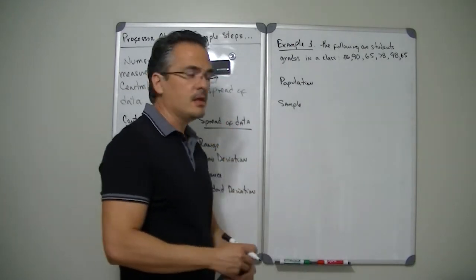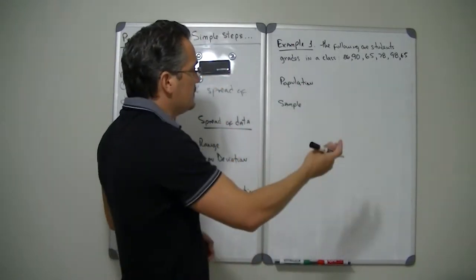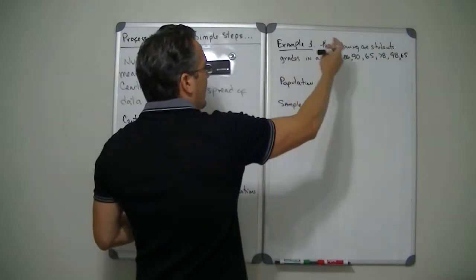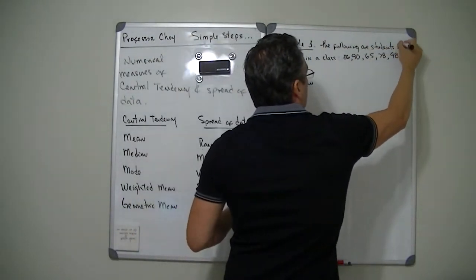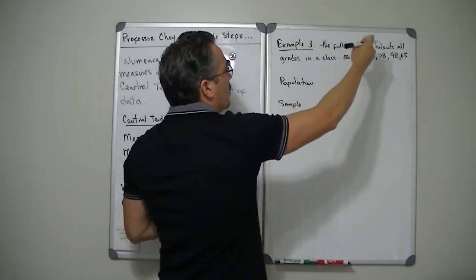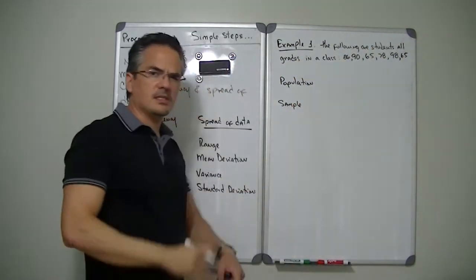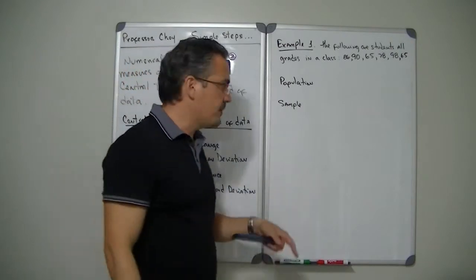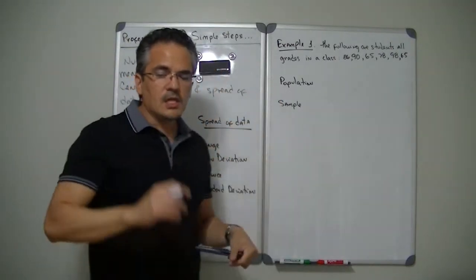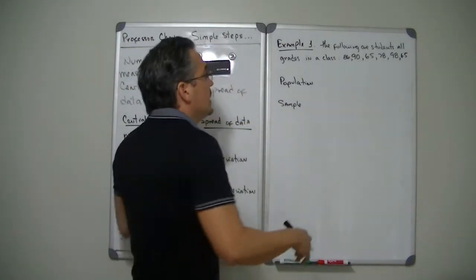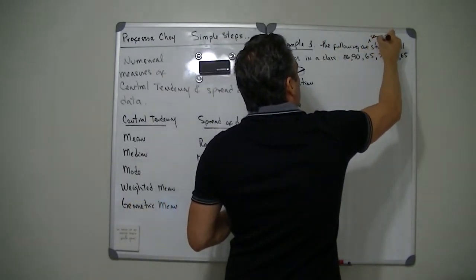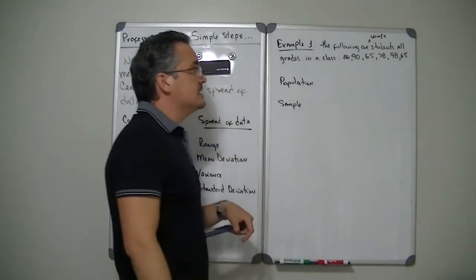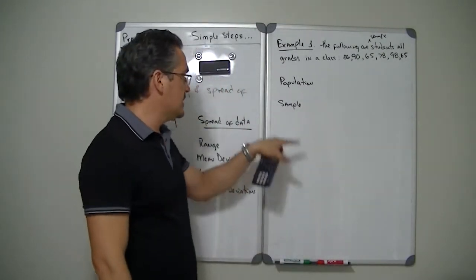In the case of a test, it will normally say the following are all grades, or are all students' grades in a class, which basically means that's absolutely everyone, therefore it's a population. If I say something like the following are a sample of grades in the class, then that's how you know that this is sample data.